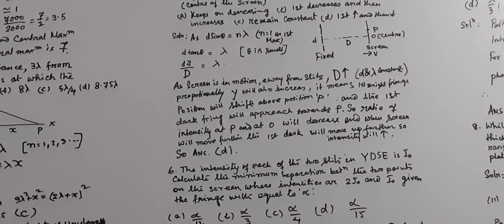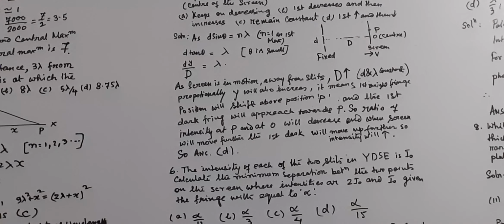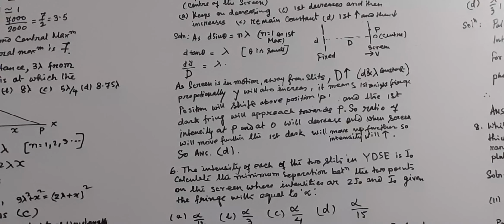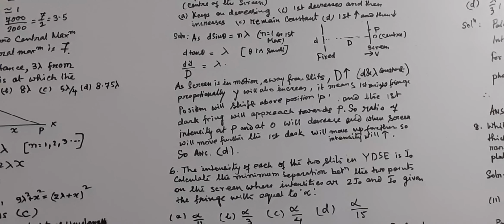n equals 1 for the first max. So here we can write d tan theta, when theta is small, equals lambda, so small d y by capital D equals lambda. Now here it is understood that capital D increases, but small d and lambda are constant as the screen moves away from the slits.